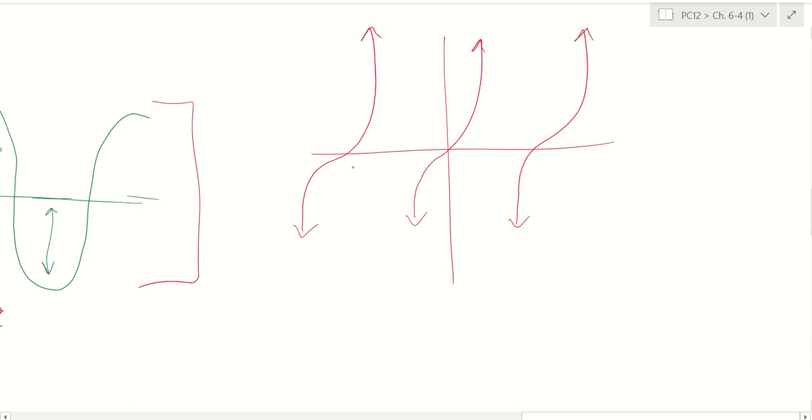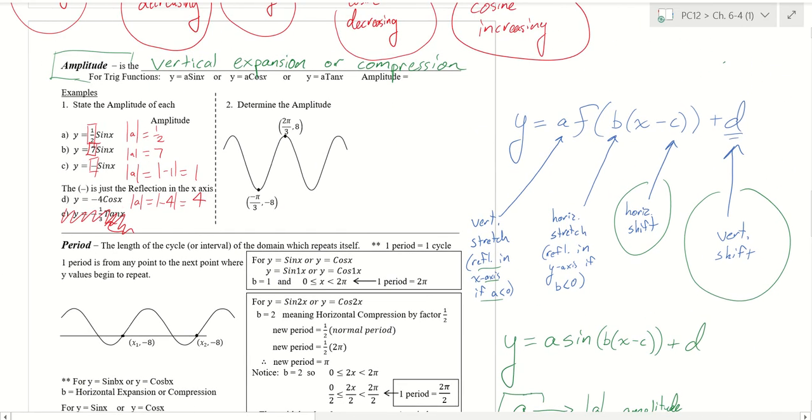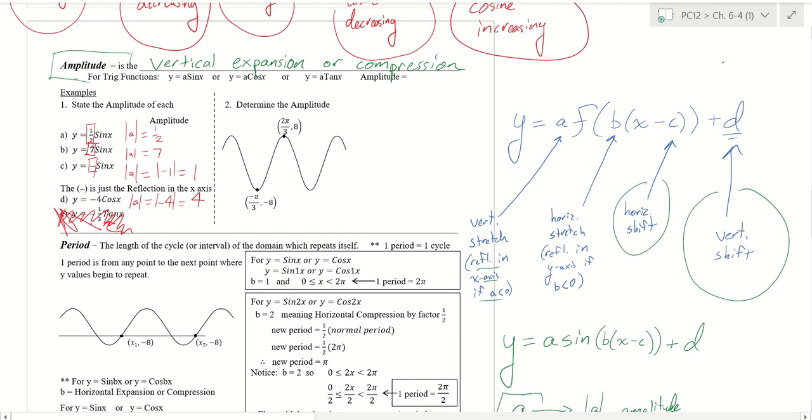And so we can see there's no real distance between the centerline point and a maximum, or the centerline point and a minimum, because there is no maximum and there is no minimum. They just increase and decrease forever. So there's no amplitude for tangent functions.